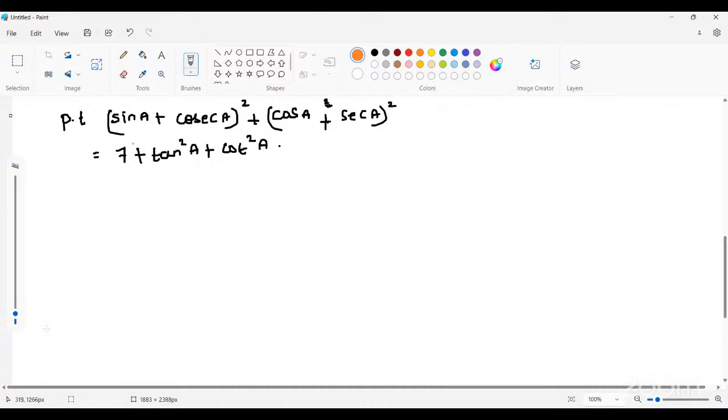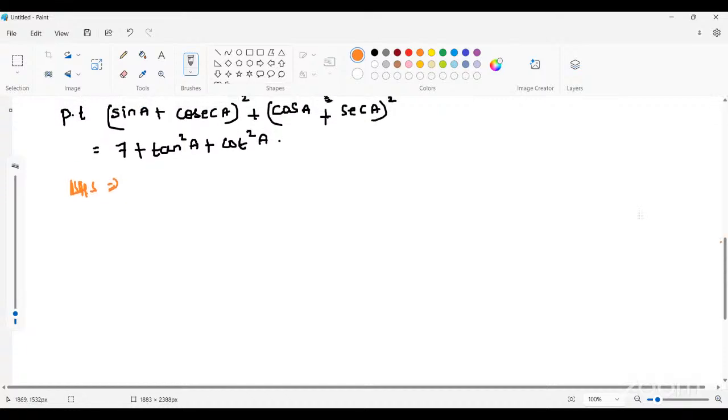Okay. All right. Now let us take the left hand side. Your left hand side says (sin A plus cosecant A) the whole square.